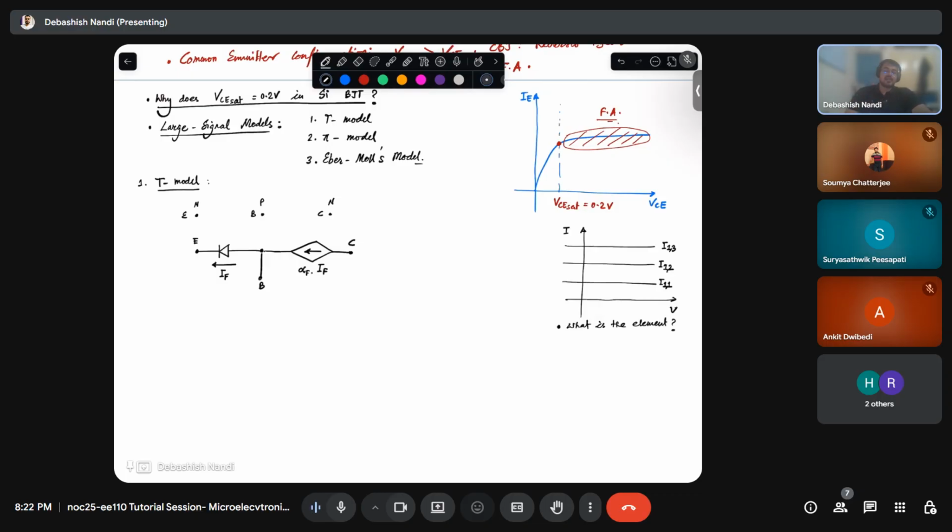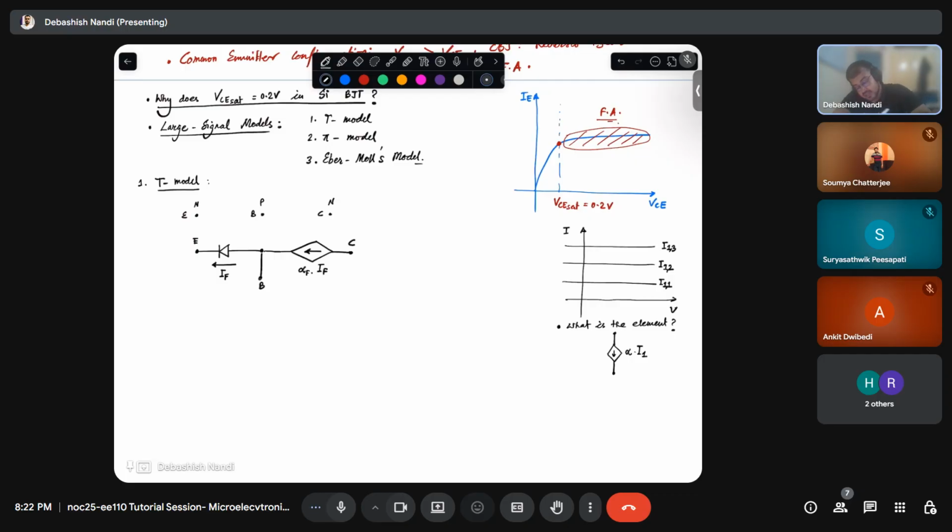What is the IV characteristics of this curve? Current source. Not only current source, it is a controlled current source, right? So this element is nothing but some alpha times I1, right? So this is a controlled current source.